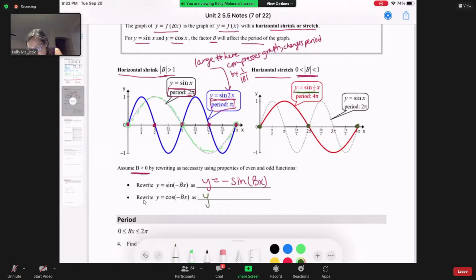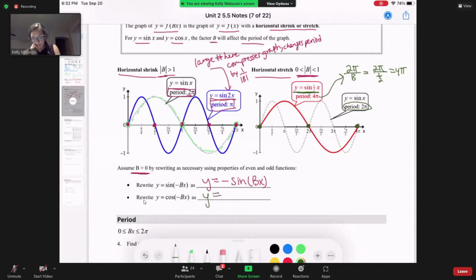So they changed from a period of 2 pi in the original to 2 pi over b, which was 2 pi over 1/2, which is 4 pi. So that's what's happening here, 2 pi over b, and now our whole period goes from 0 to 4 pi.